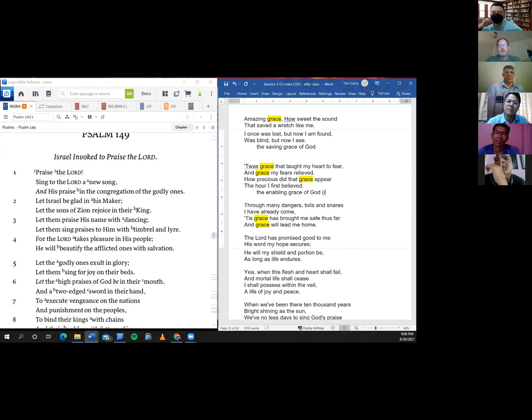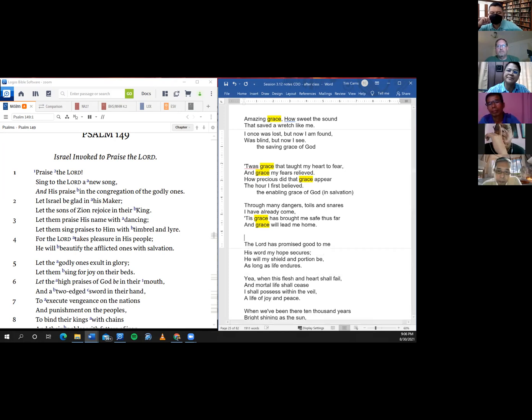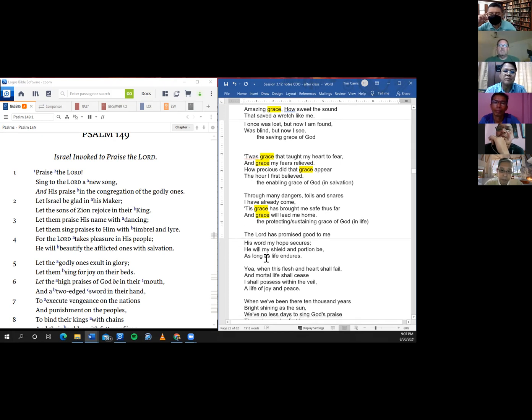And here in salvation. Now, look at this one. The third stanza. He's not talking about salvation anymore. We might call this what? Protecting grace. Yeah, protecting or maybe sustaining grace, sustaining, of God. Keeping, something like that. Okay, and again, this stanza really covers the same idea.